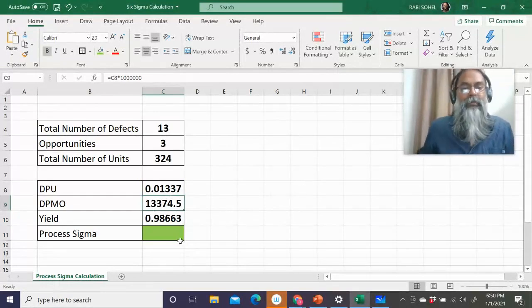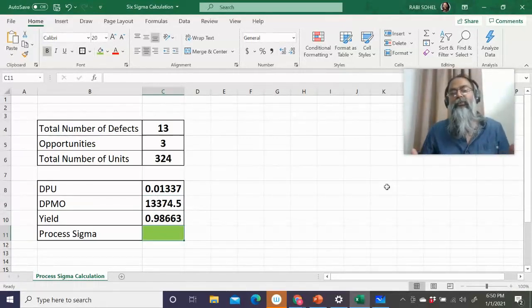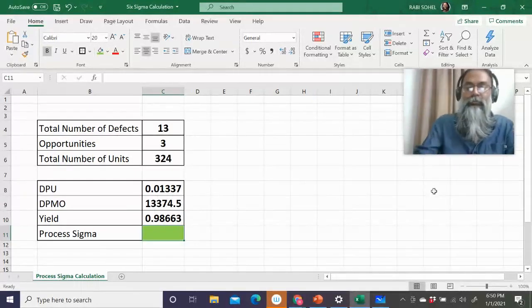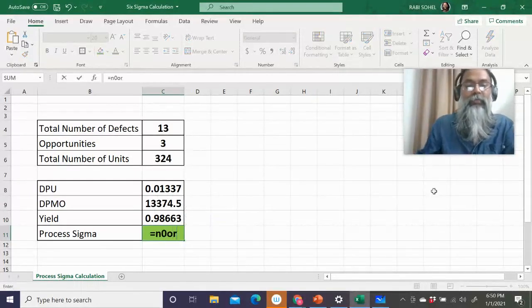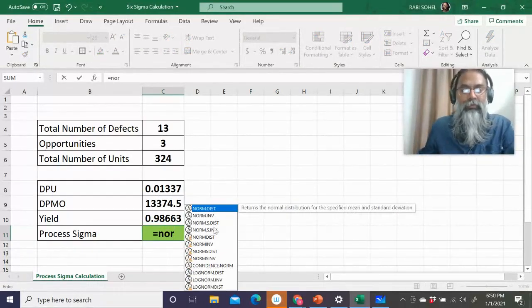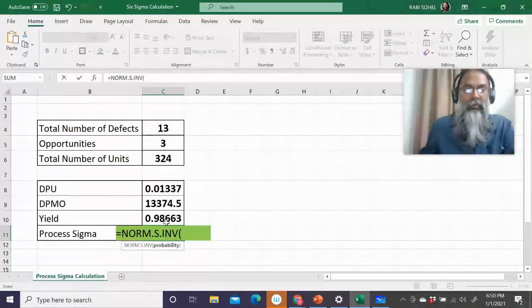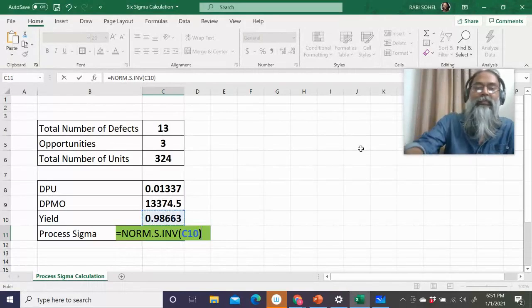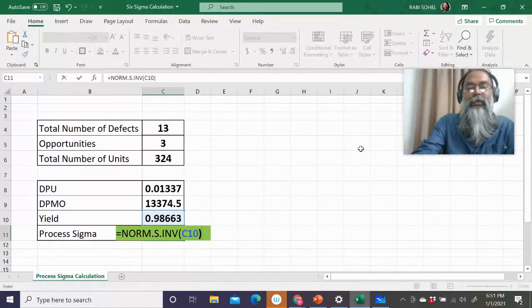So how do we calculate process sigma without using the table in Excel? It's pretty simple. Let me show you. You can use this formula, NORM.S.INV, and then take the yield value and then add 1.5 sigma.